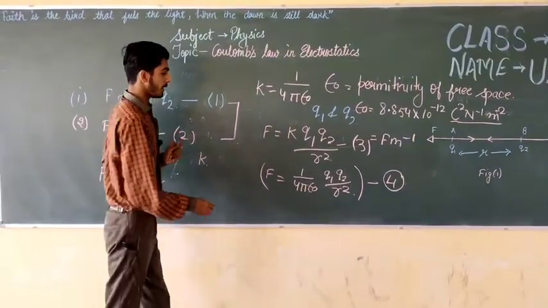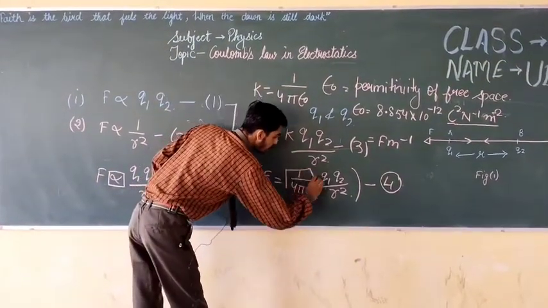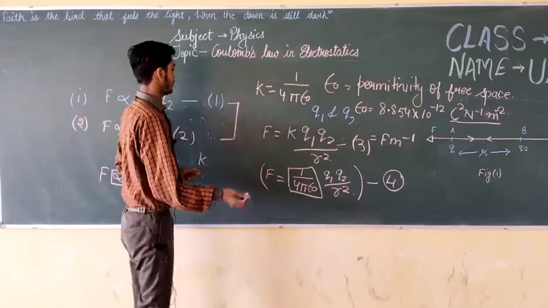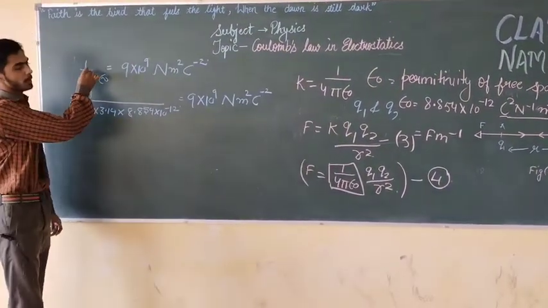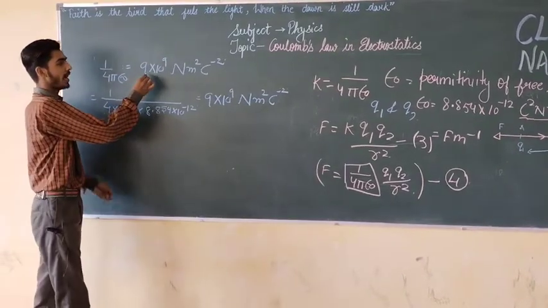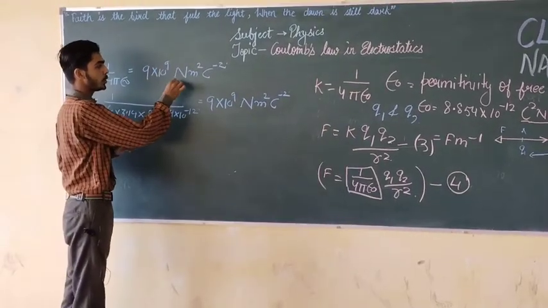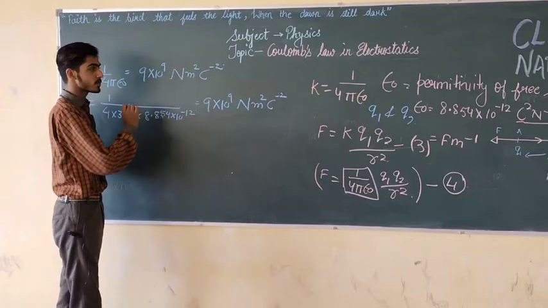Now what is the value of 1 by 4 pi epsilon naught? It is 9 into 10 raised to power 9 newton meter square per coulomb square.